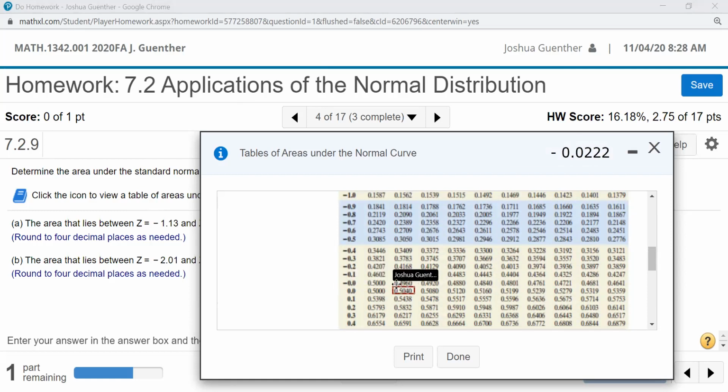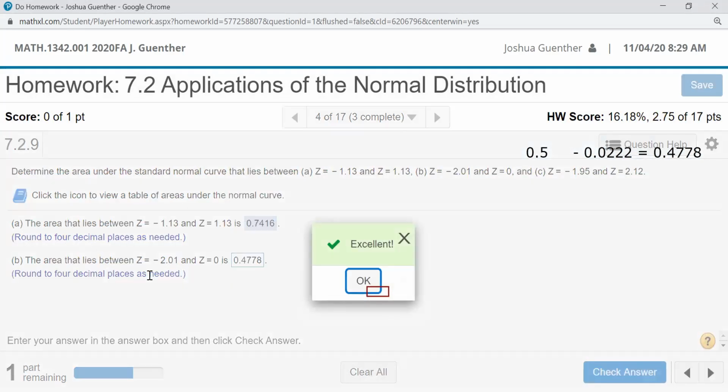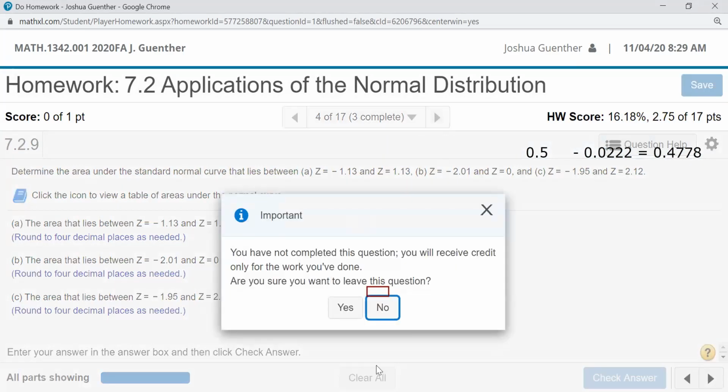And when you look up a z-score of exactly 0, you get, like I predicted, 0.5 on the dot, or 1/2. So we can do 0.5 minus 0.0222, 0.4778. So pretty interesting stuff.